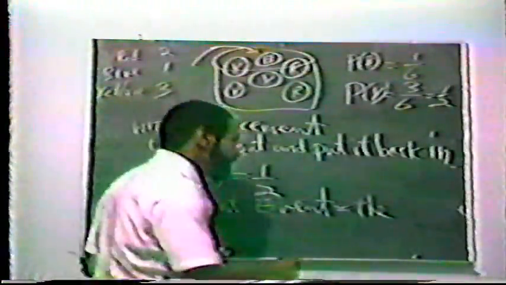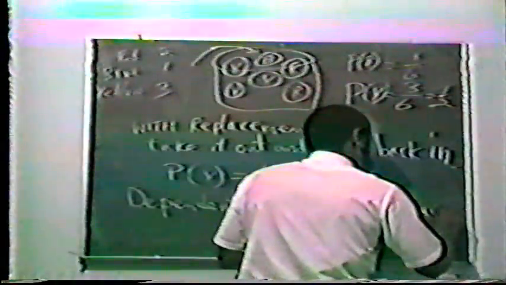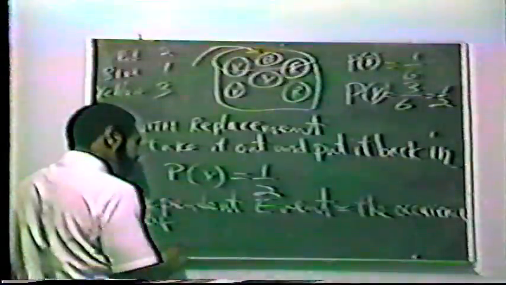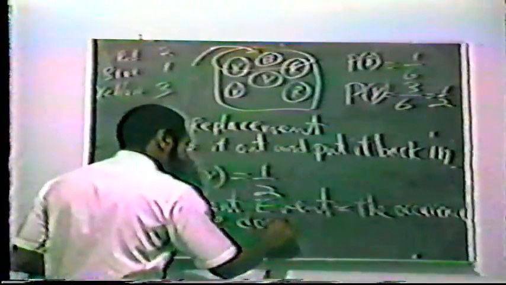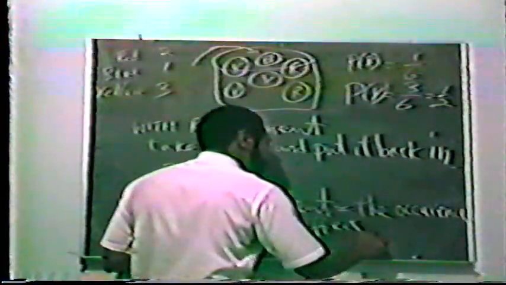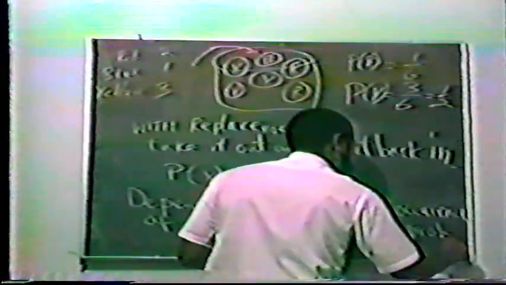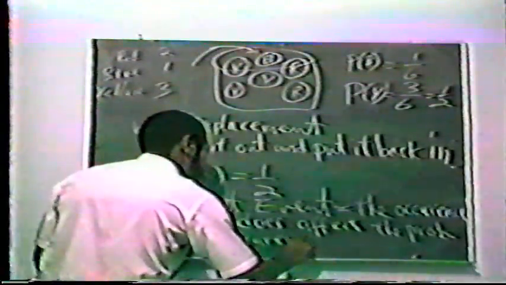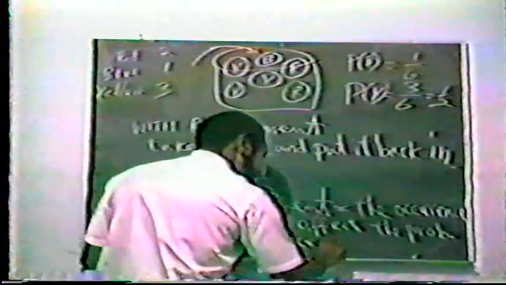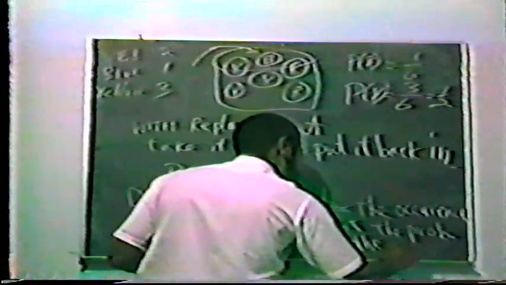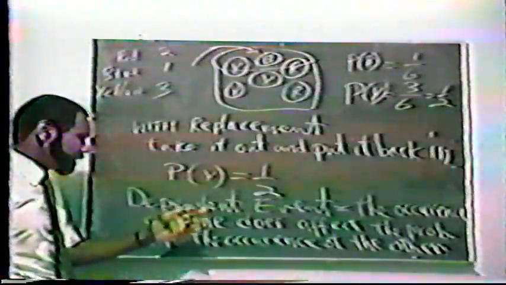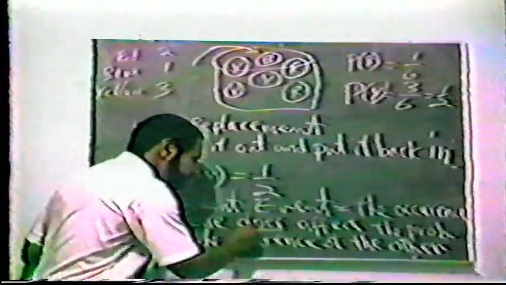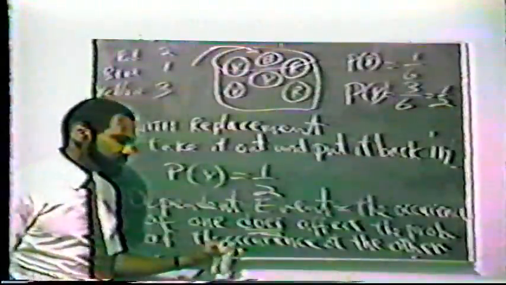Once again, for dependent events, the occurrence of one of the events does affect the probability of the occurrence of the other event.